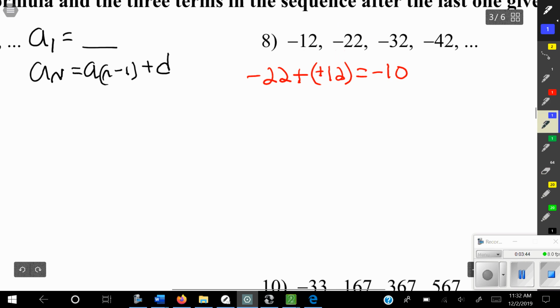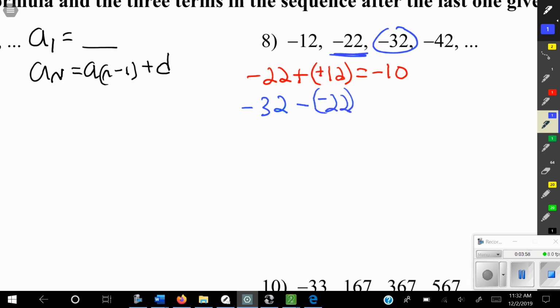All right, now I'm going to take the third term and subtract it from the second term and see what I get. So I got negative 32 minus negative 22. Okay, two negatives become a positive again. And that's going to leave me with a negative 10.